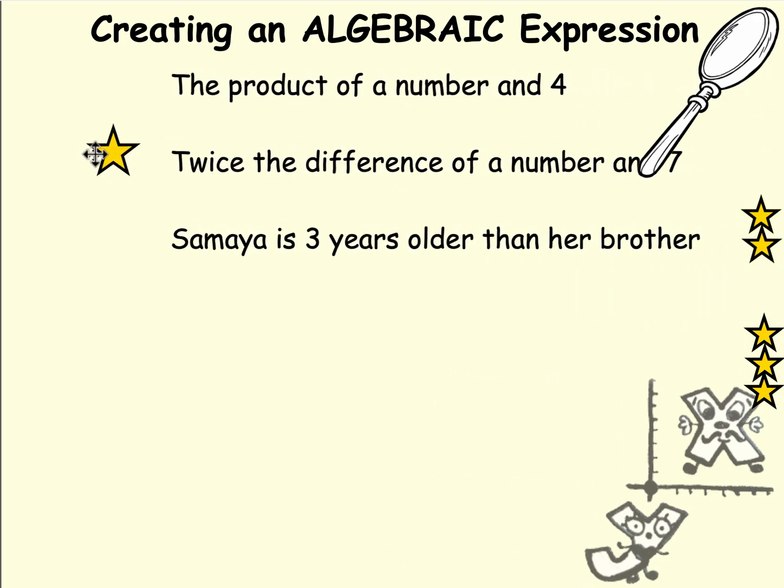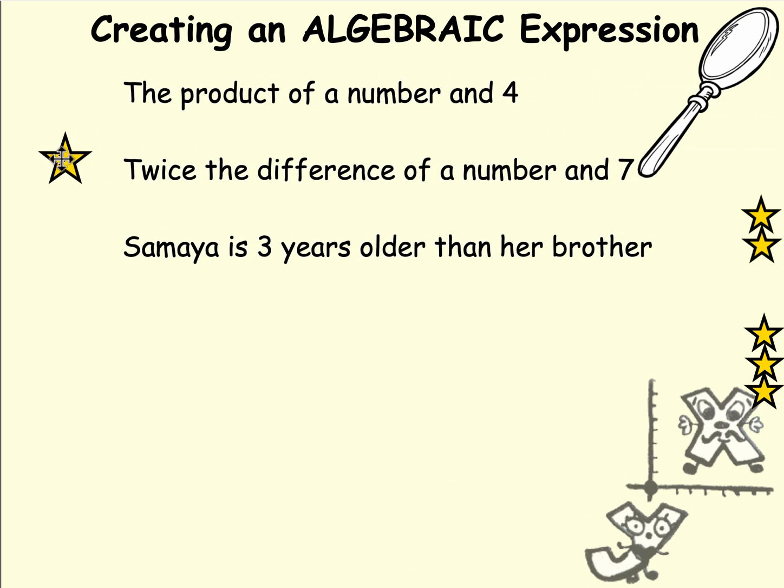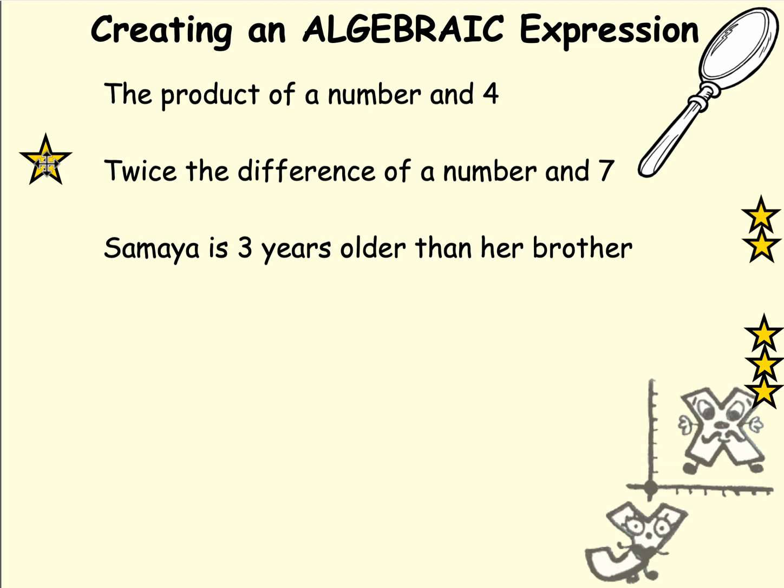So let's look at these. These are some simple ones. So this says the product of a number and 4. But does it say what the number is? No. And there's my math word. So I need a variable to represent the number. So I pick one.